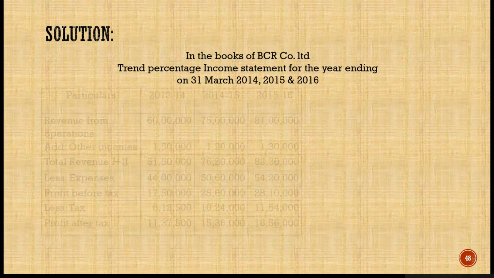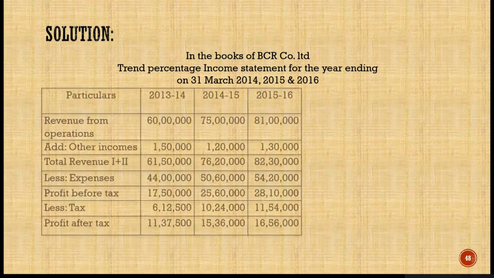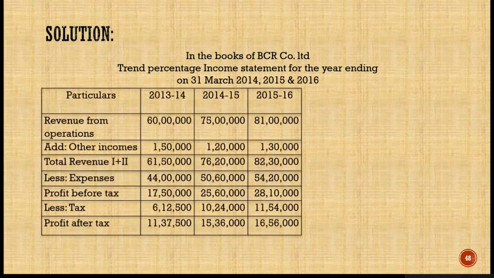Then we write the data, whatever they have provided in the example, such as particulars and the amount for the years 2014, 2015, and 2016. Then what is the procedure required to follow for calculating trend percentage?